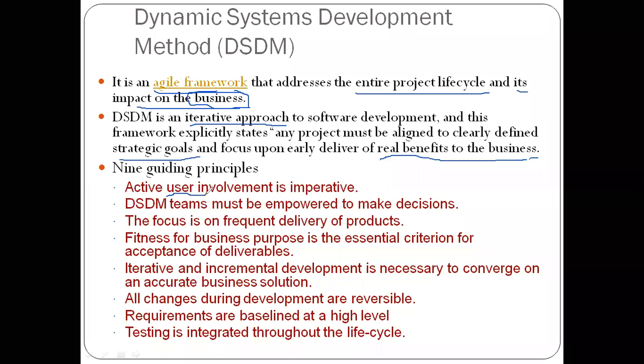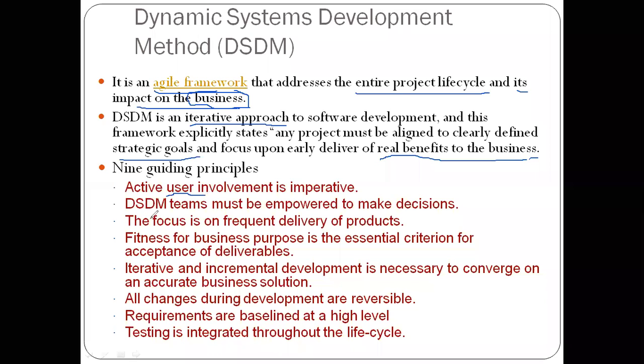Active user involvement means what the end users are expecting from this particular app or project. Based on that they are going to develop this project, isn't it? That's why the users play an active role in this development.